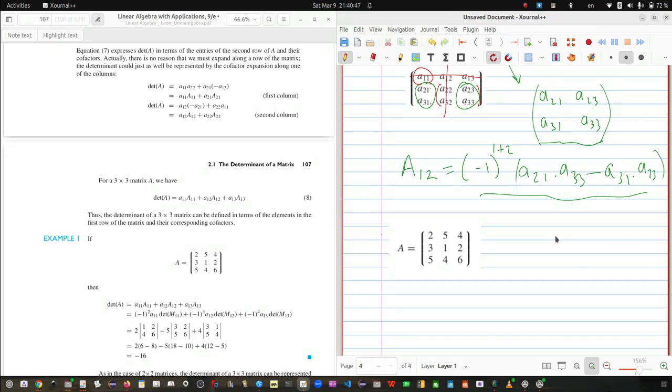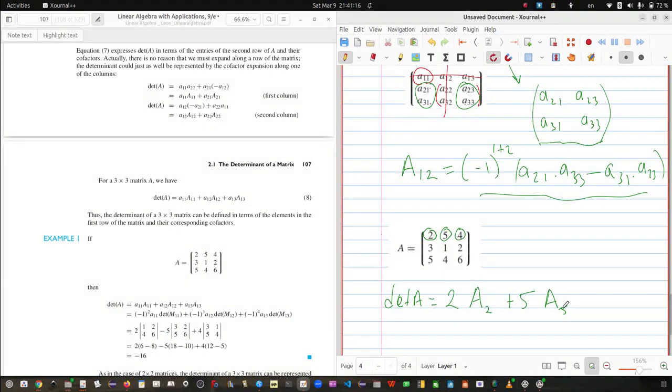When you're taking the first row, we are talking about 2, 5, and 4. So it means determinant of A is equal to 2 times cofactor of the 2 in this case, and then plus 5 times cofactor of the 5.